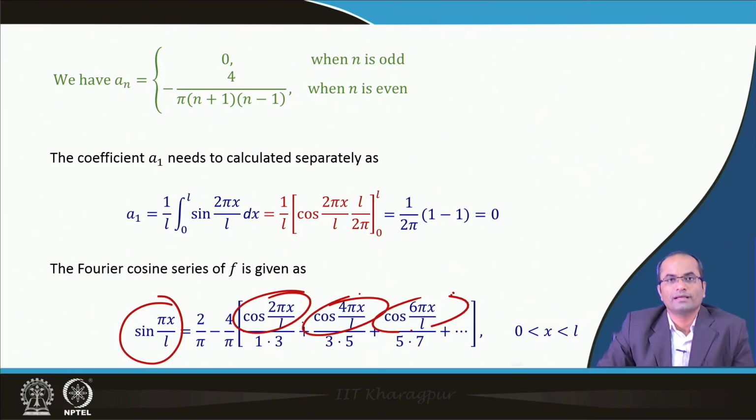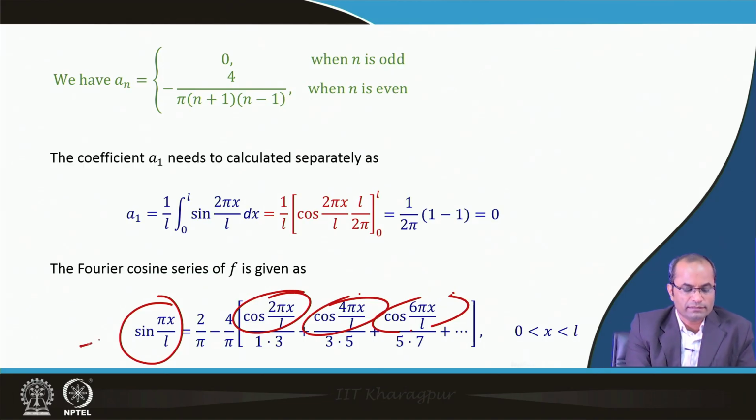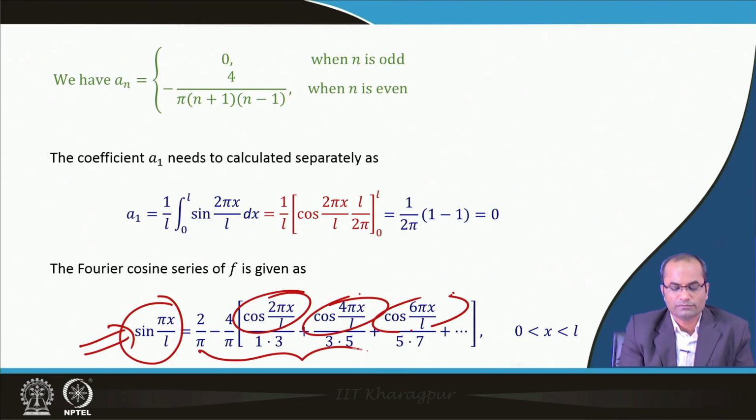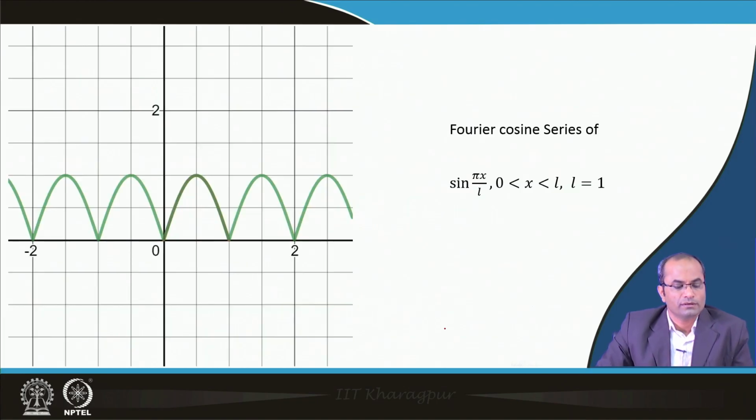So, that is how we can represent a given function in a range. Now, if we want to compute the Fourier sine series, we just extend this function as an odd extension, or if we want purely cosine terms, we extend it as an even extension. So, here the sine function is written in terms of cosine functions.